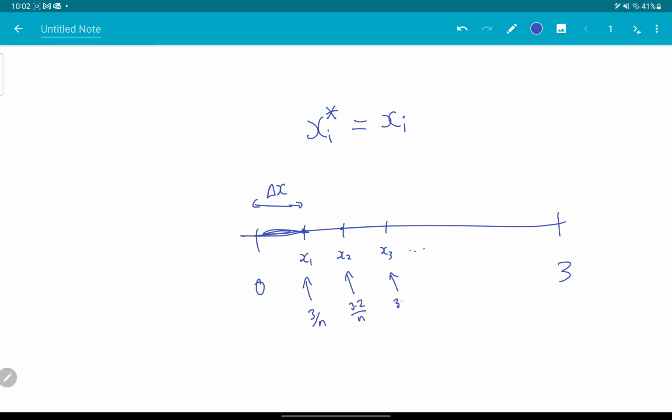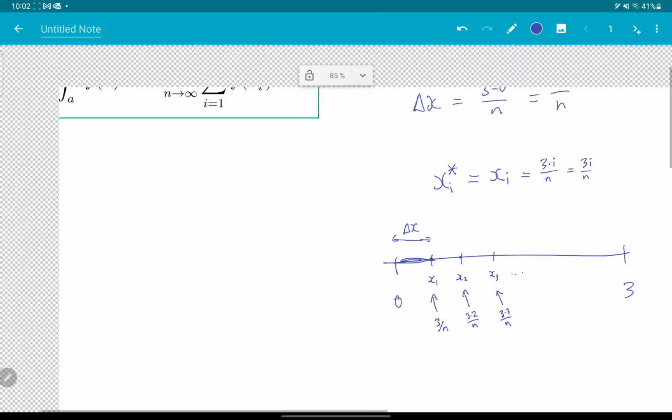This guy should be 3 times 3 over n, and so forth. And so the formula we get is xi is going to be 3 times i over n. So we get 3i over n. All right, moving on.